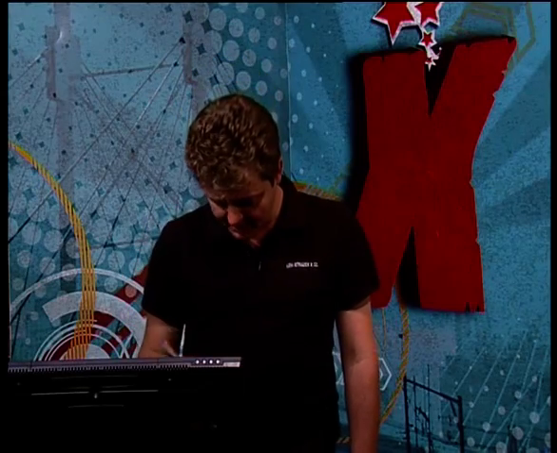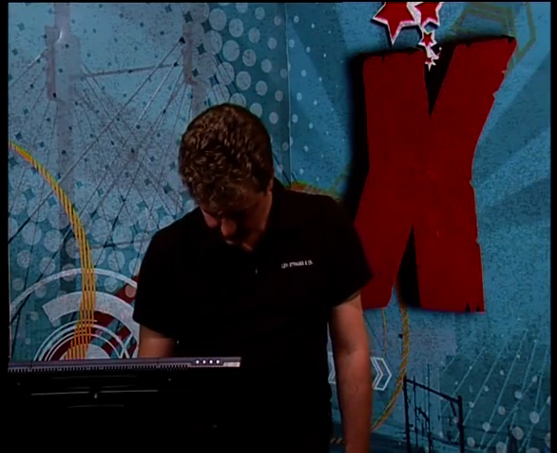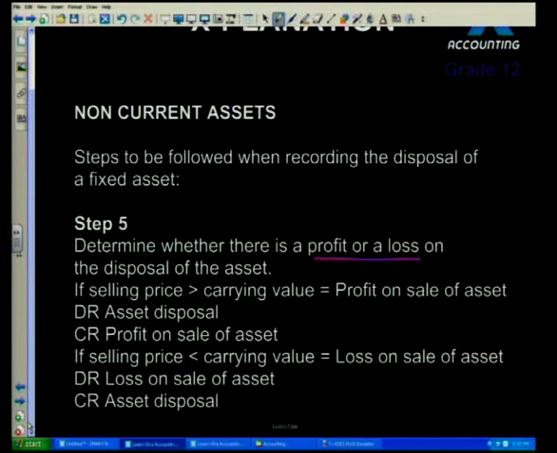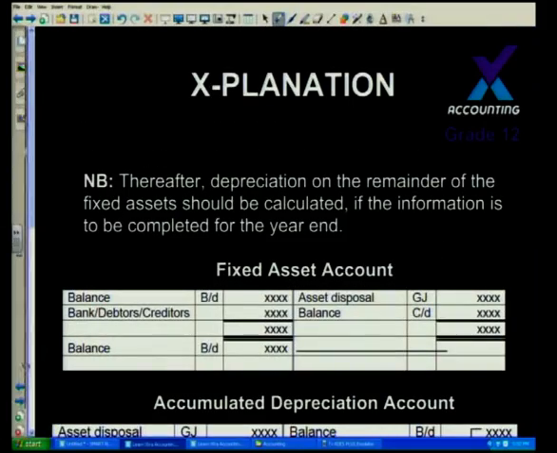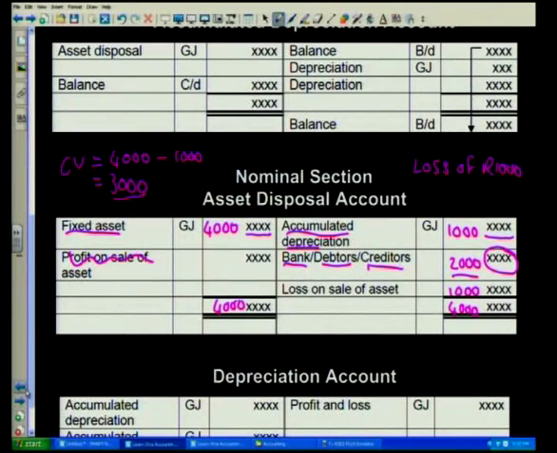So, if we look back at our rule, we will see that in this example, the selling price was less than the carrying value. In other words, this 3,000 Rand that we calculated as the carrying value was more than the 2,000 Rand that we received for the asset.